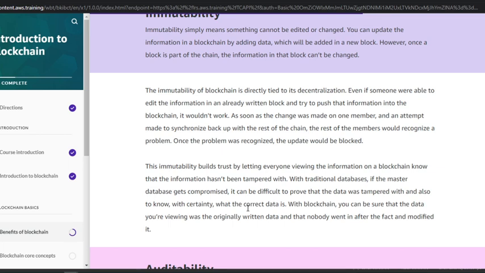With traditional databases, if the master database gets compromised, it can be difficult to prove that the data was tampered with, and also to know with certainty what the correct data is. With blockchain, you can be sure that the data you're viewing was the original written data, and that nobody went in after the fact and modified it.